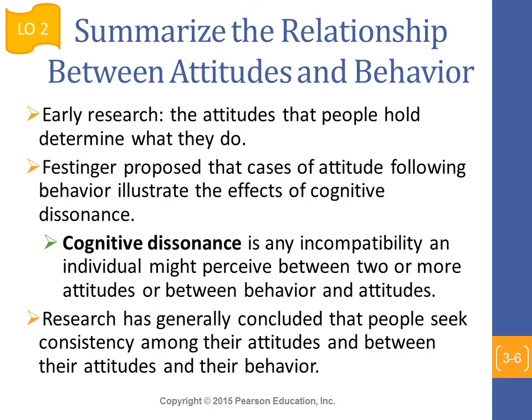This chapter also talks about the dissonance between different sets of human attitude, or the perceived difference between attitude and behavior. In either way, the research has generally concluded that people seek consistency among their attitudes and between their attitudes and their behavior.